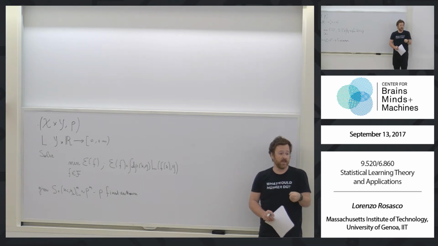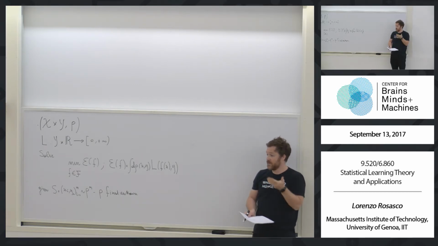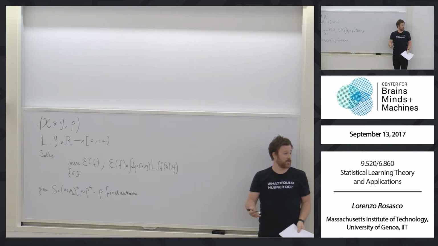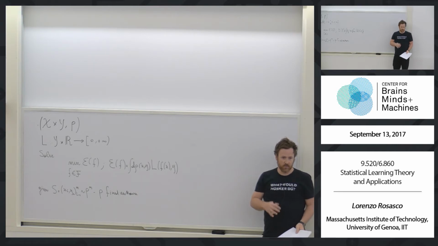If P of 1 given x is bigger than P of minus 1 given x, go for that. We'll see that the square loss, and we're going to check the logistic loss or the hinge loss, do exactly that. They provide a loss function that derives a target function that mimics to some extent the Bayes decision.